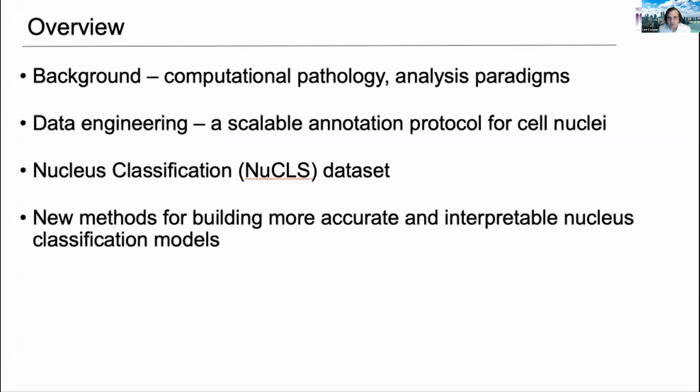I think that's a good way to think about many of these projects, where we have really good deep learning algorithms and it's really more about getting the right kind of data for them. Then I'll talk about some of the work we've done to improve the interpretability and capabilities of commodity deep learning models used for object detection or classification. How do we make those more specific and function better for pathology?